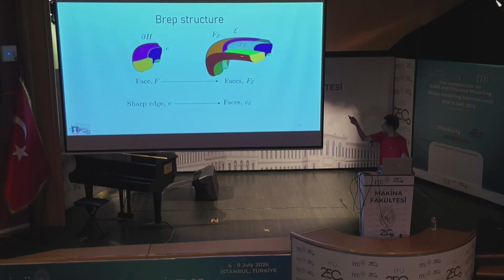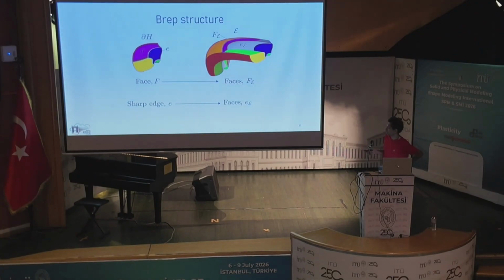The output has a natural BREP structure which is derived from that of the input. For instance, this magenta face F here produces this magenta face F sub E over here.